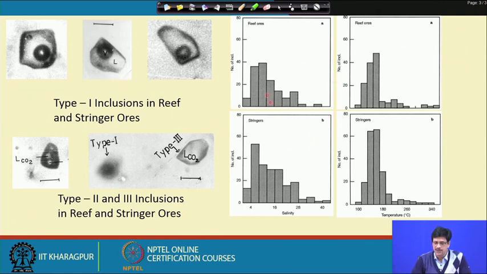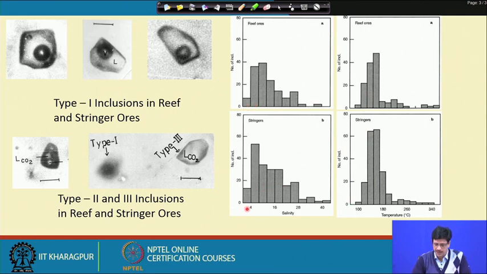And here, as you could see, the salinity varies from very low to greater than 40 weight percent NaCl equivalent in both the dominant regimes. The temperature of homogenization of the biphase inclusions, not corrected of course for pressure, has a maximum at about 160 to 180 degrees Celsius, and this also gives you an idea how we draw the histogram.